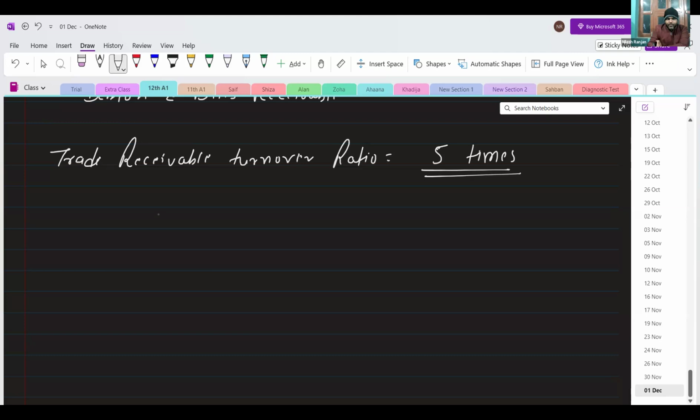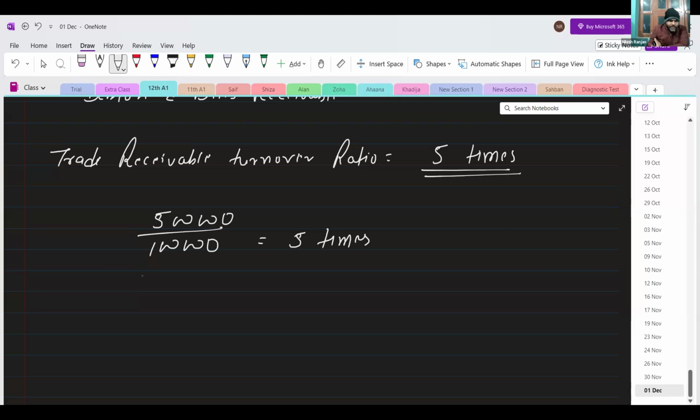I told you one example that total credit sale is 5 lakh and the average trade receivable is 1 lakh. So it is 5 times. Now the 5 lakh is not a one-time sale. It is during the year on a regular basis.